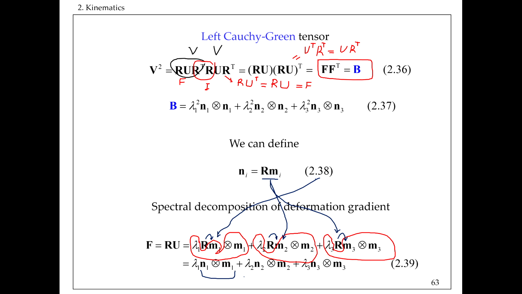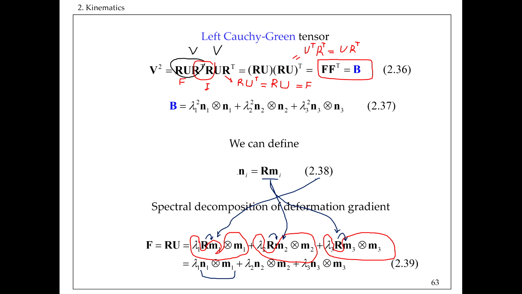One of them, N, is in the deformed configuration, while M is in the undeformed configuration, and that again connects us to the first time when we mentioned that the deformation gradient F is a two-point second order tensor that has one leg, one basis in the undeformed configuration and the other basis in the deformed configuration. So here, when we try to write the spectral decomposition for the deformation gradient, we end up with this mixture, this combination of the basis vectors.